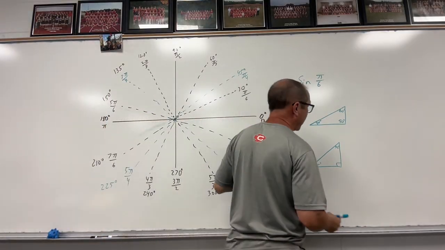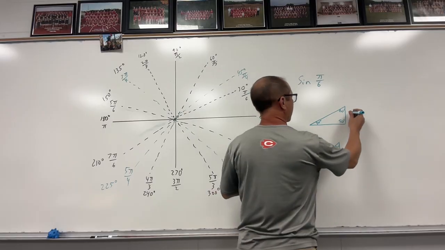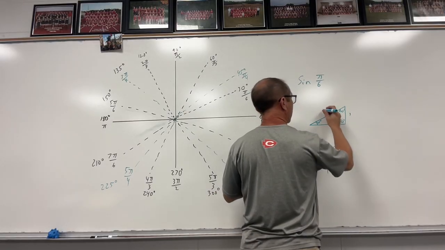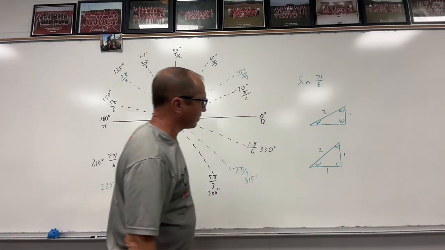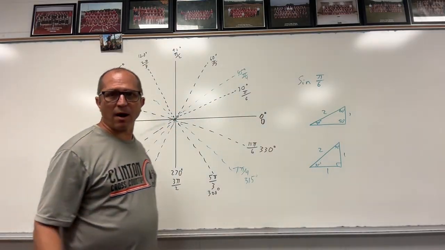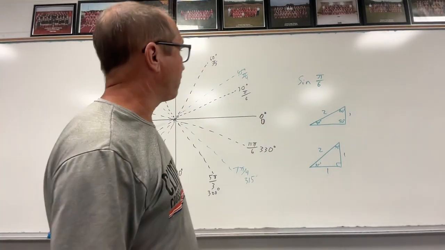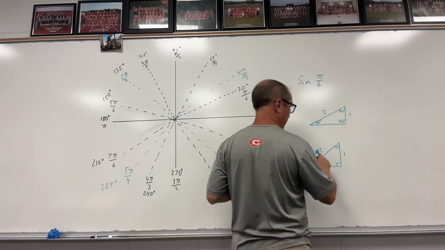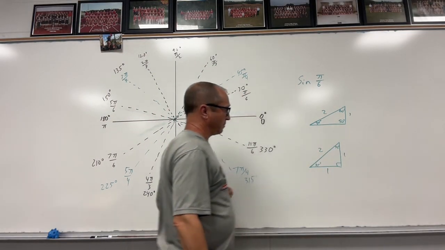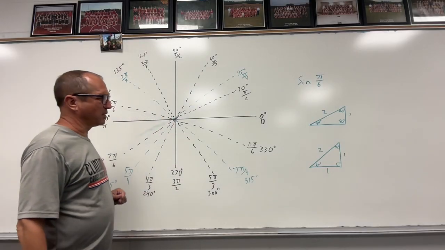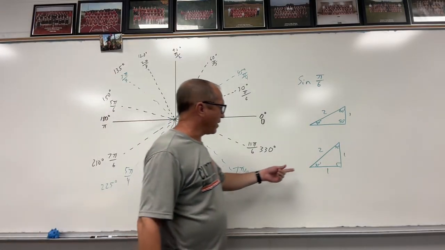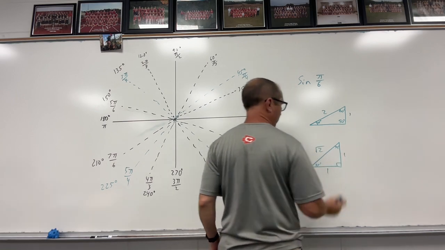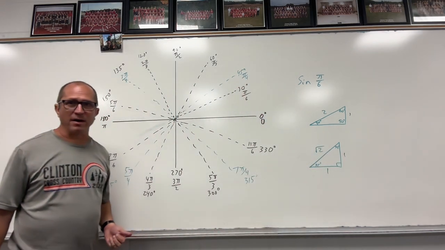Now, here are my hints for my setup. In both triangles, you have an association of a 2 with each hypotenuse. Now, it just so happens that the hypotenuse in this triangle is not 2, but it is the square root of 2. But still, you've got a 2 with the hypotenuse there.